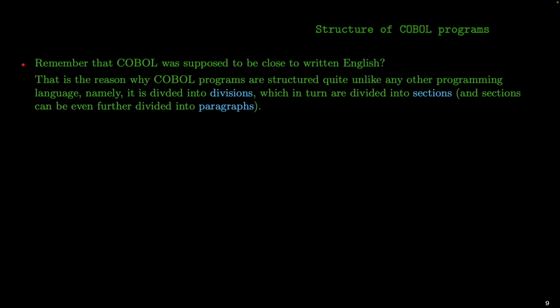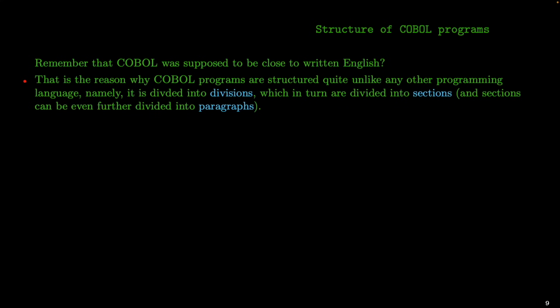Let's see how we structure a program logically in COBOL. We're having a look at divisions and sections. Recall, COBOL programs were meant to resemble written English. So the structure of COBOL programs is made in a way that it resembles human readable books or reports.